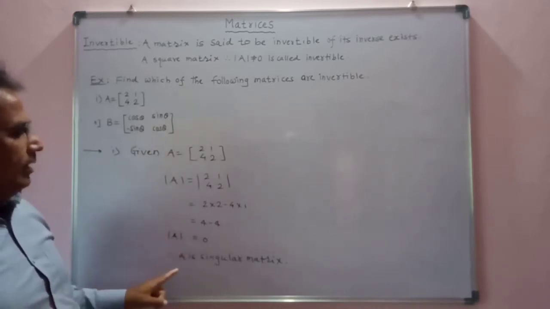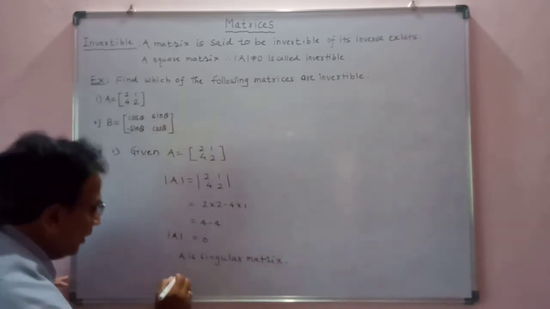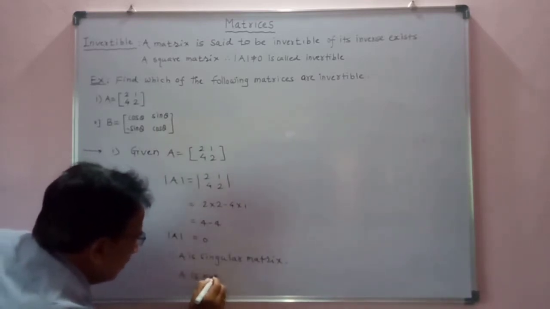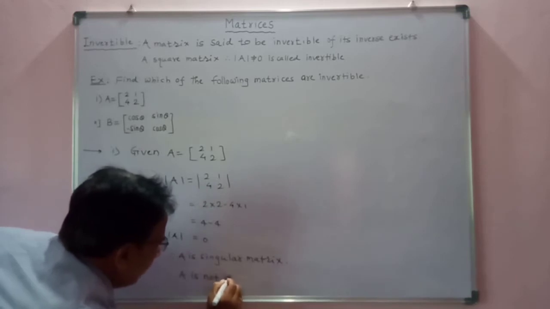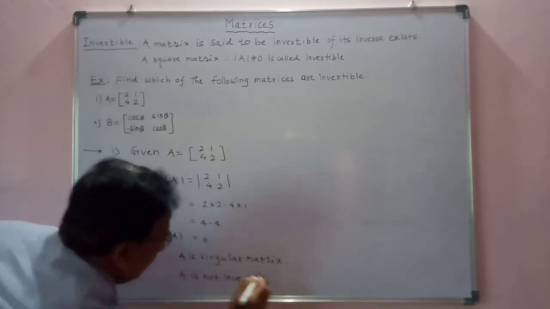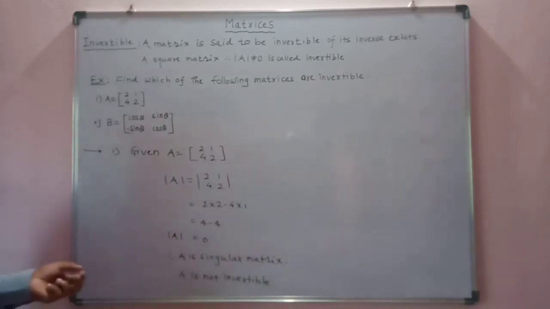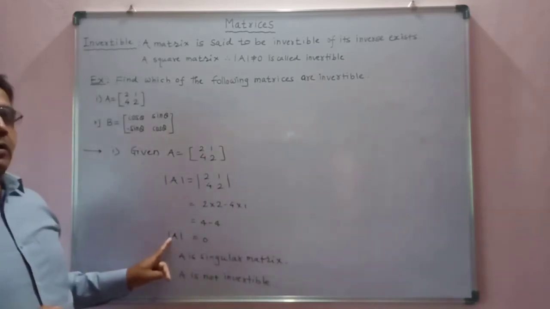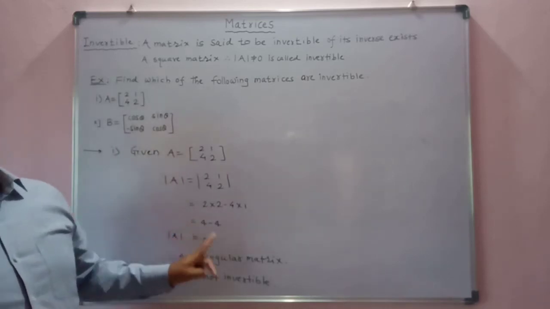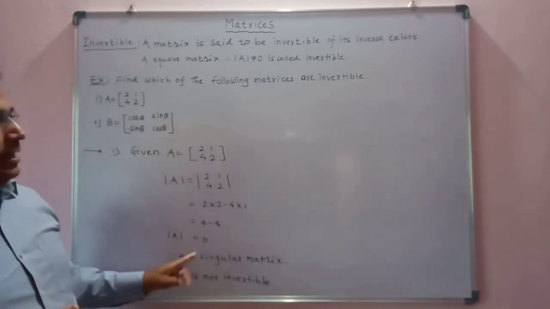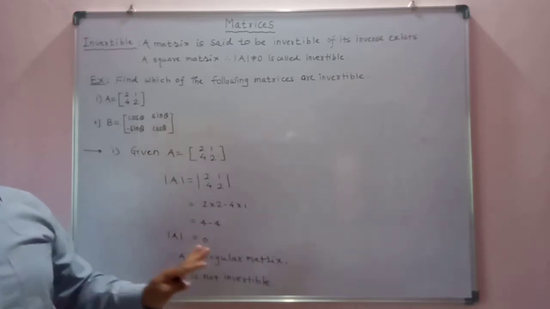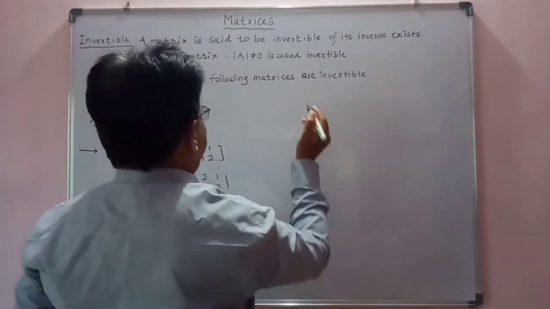Therefore, A is not invertible. Determinant A equals 0 and the inverse does not exist, which means A is a singular matrix and A is not invertible. Now we see the second example.